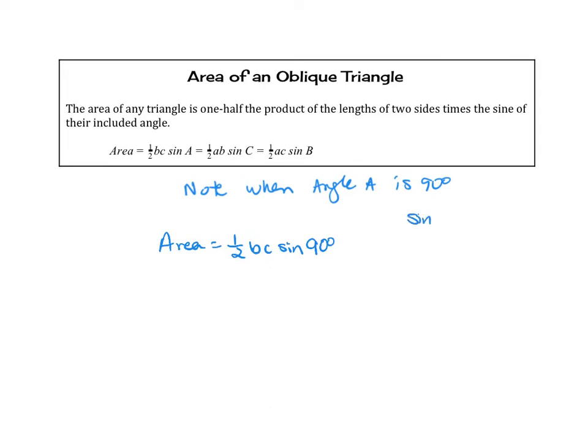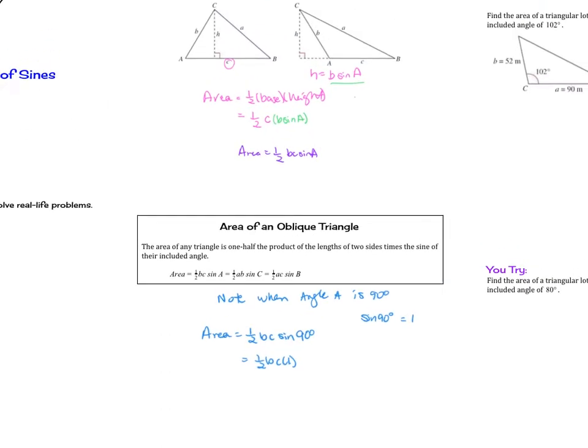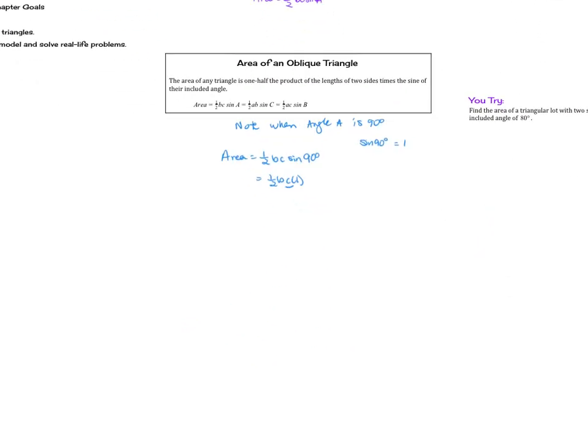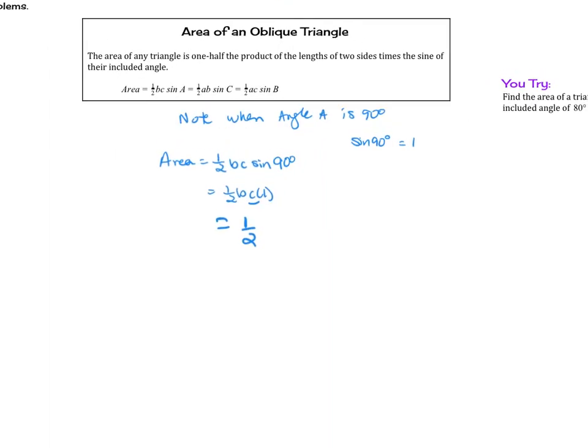So remember that sine of 90 degrees, what is that? That is just 1. So 1/2 of BC times 1. And then remember what BC is from the top. B is our base, or that B is this value here, and then C is the height. So that's why we know this is the formula we really remember. It's 1/2 of base times height.